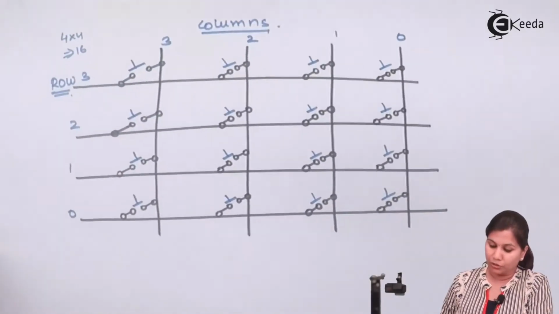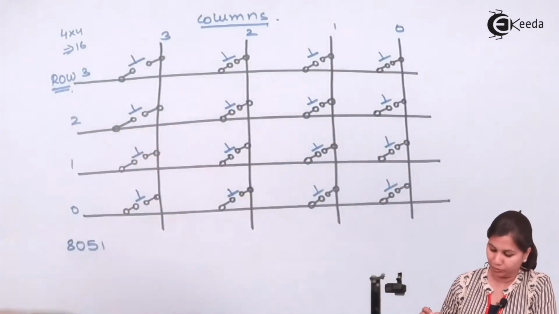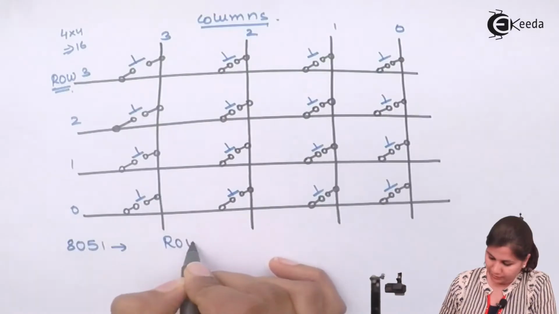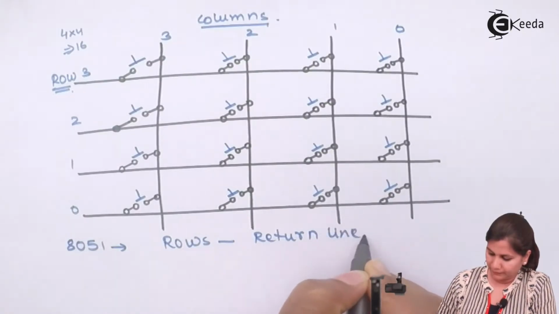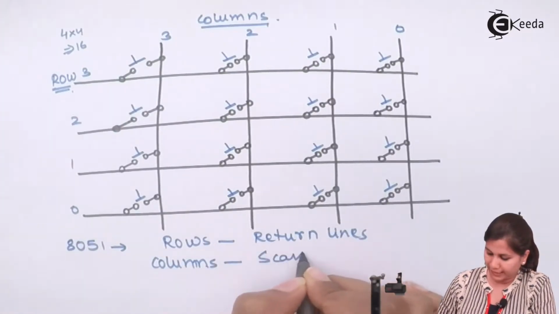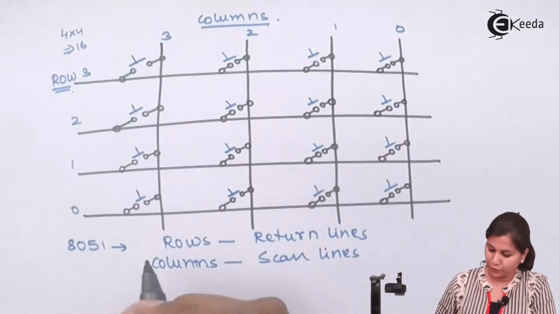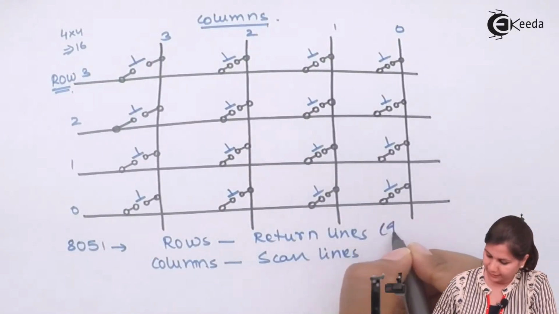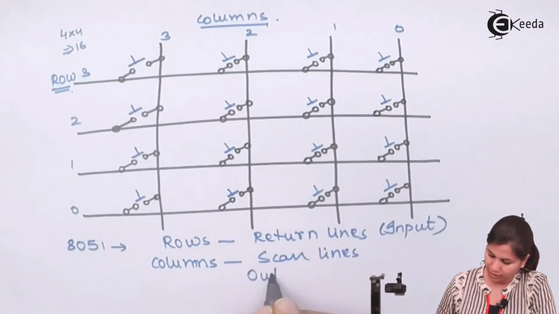When the 8051 microcontroller is interfaced with such a matrix keyboard, the rows are the return lines and the columns correspond to the scan lines. So rows will act as the return lines, that is the input lines, and columns will act as the scan lines or the output lines.